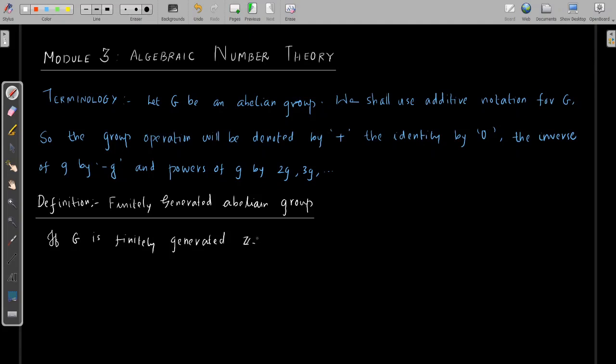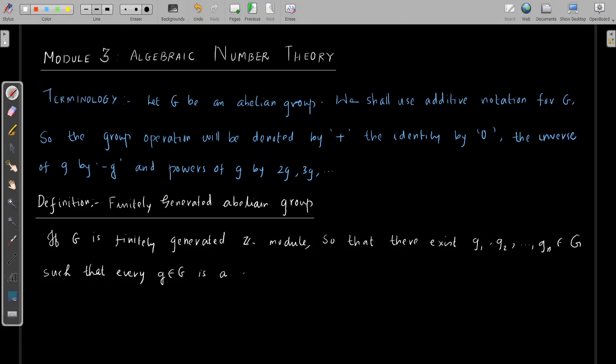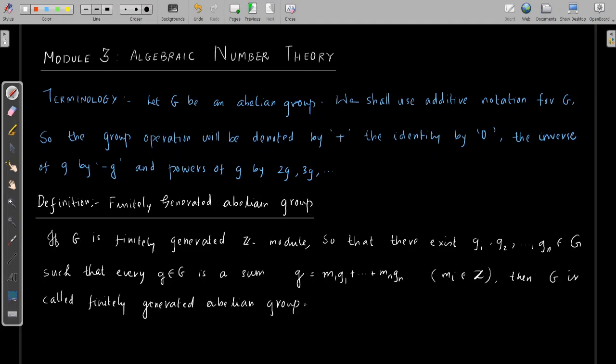G is a finitely generated Z-module if there exist g1, g2, ..., gn belonging to G such that any g belonging to G can be written as g equal to m1 times g1, plus m2 times g2, ..., plus mn times gn for some mi belonging to Z. Then G is called a finitely generated abelian group.